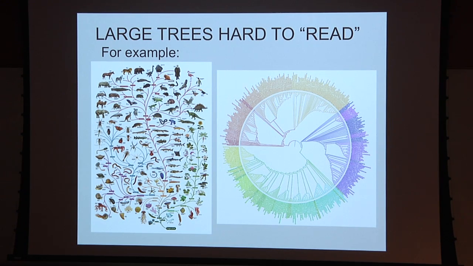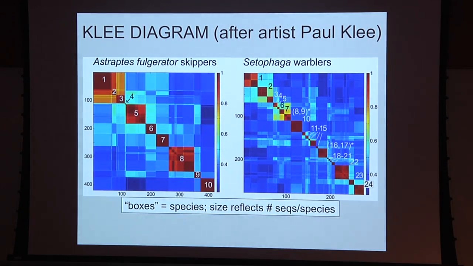So this is a different way of looking at DNA sequences, which we call a Klee diagram after the artist Paul Klee. You may know he made very geometric paintings, some with a lot of different colored squares.